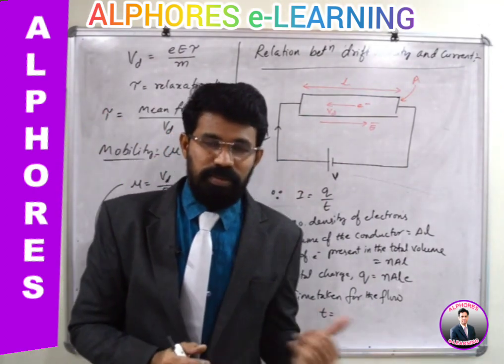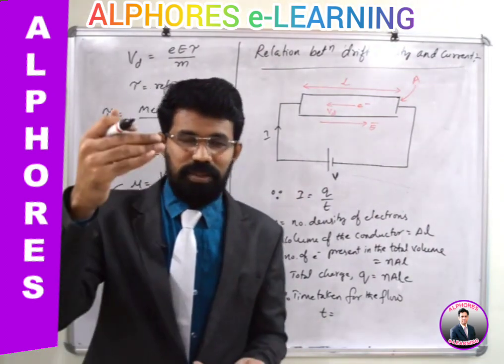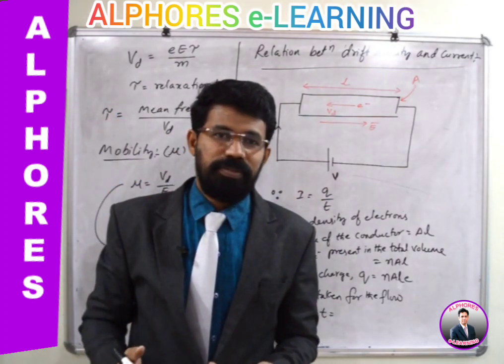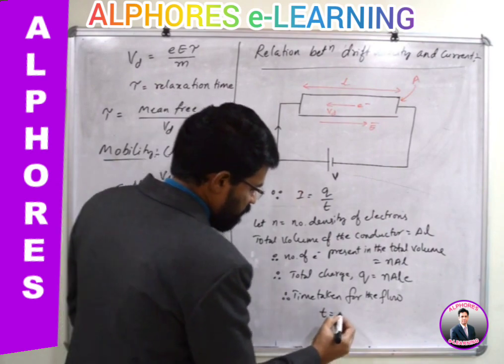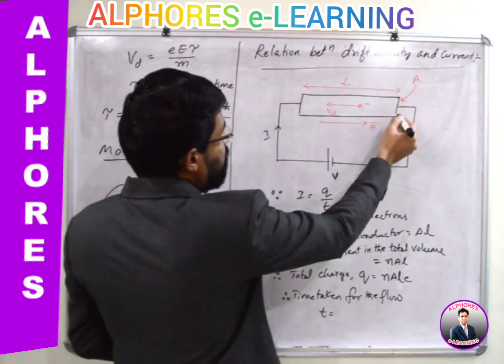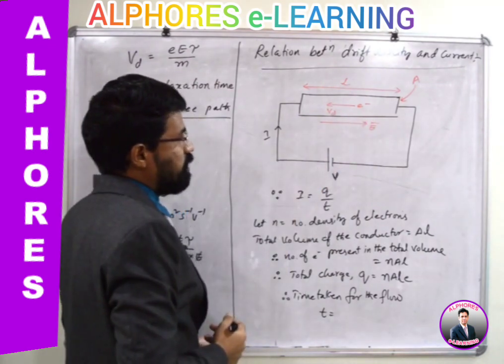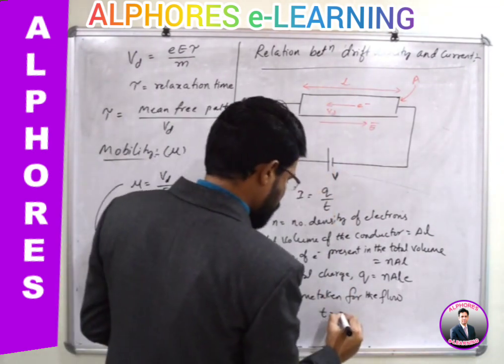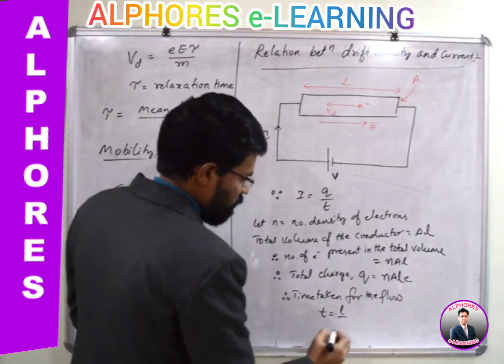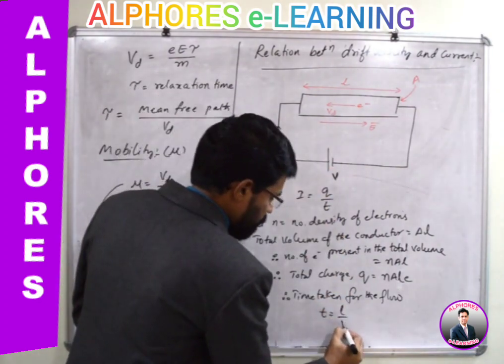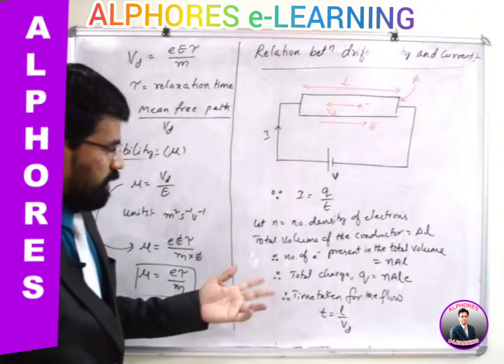So time taken will be displacement by velocity. How much is the displacement from this end to this end? Electrons at most can travel the length L. So you can replace with L divided by the velocity with which they are moving, the drift velocity. So now I have got the entire data here.